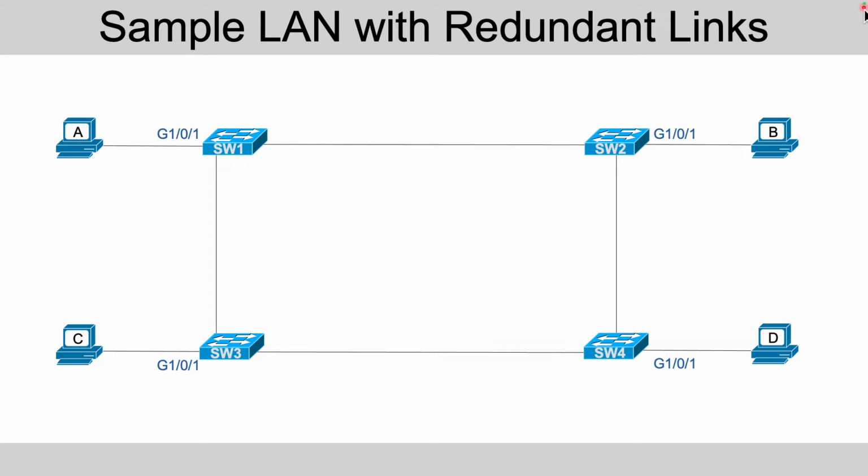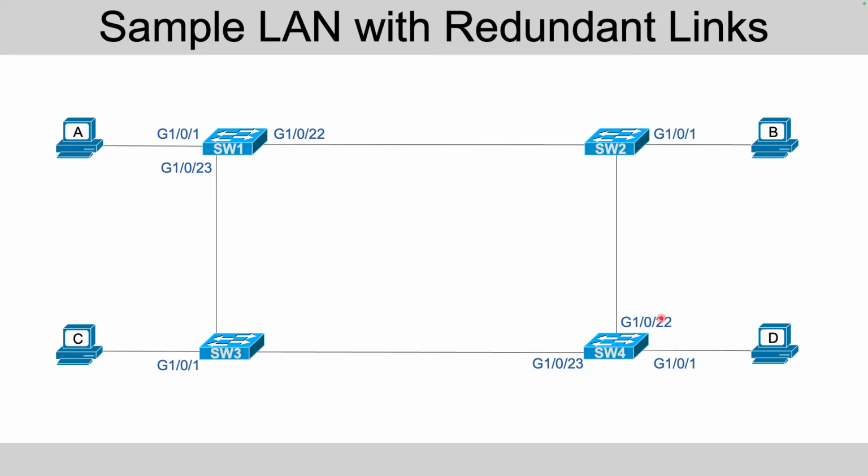Now, I'm going to use this example throughout the video. So just to hit the interface numbers, I use a consistent interface numbering scheme. The last digit is 1 on all the ports connected to the endpoints. And then all the ports that connect over to switch 2 end in 2, the interface on the other end of the link.